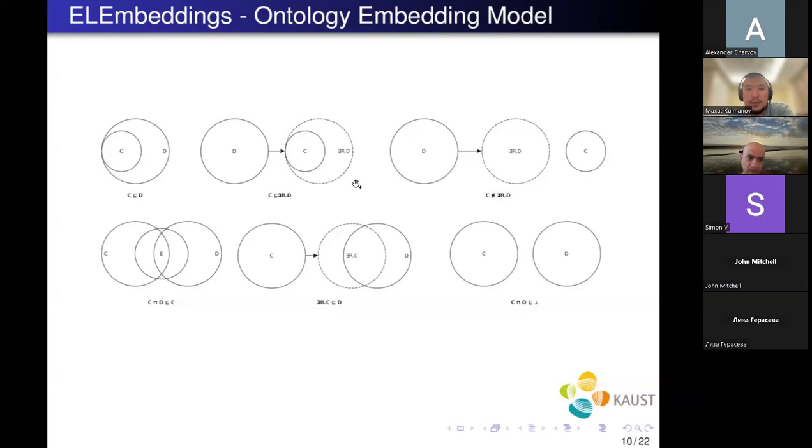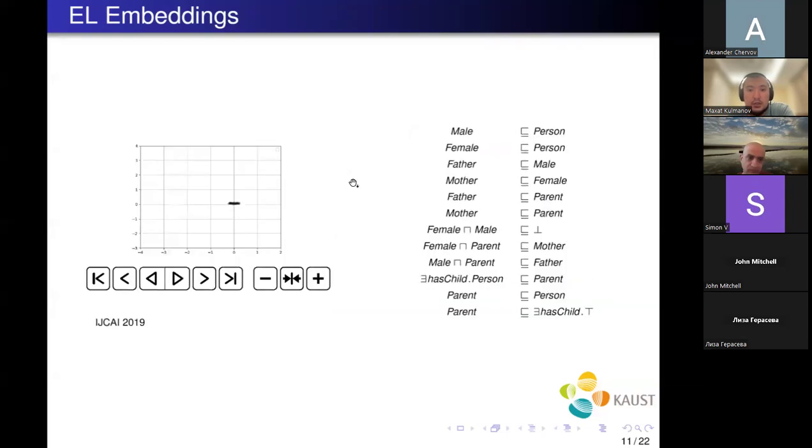And yes, this was accepted in a conference. As for the learning process, for example, if we take a simple family domain ontology, in the beginning all the embeddings and points will be 0, and then over time, as you learn, this geometric model will preserve the structure of these axioms.